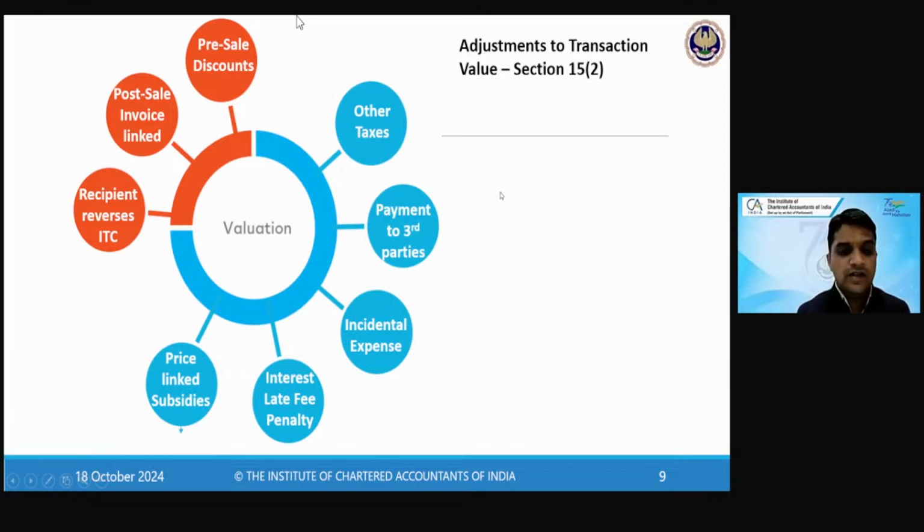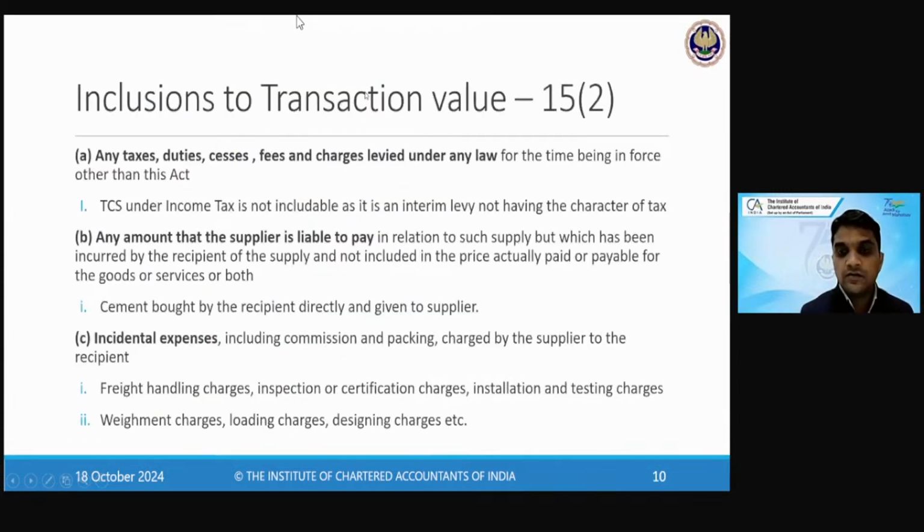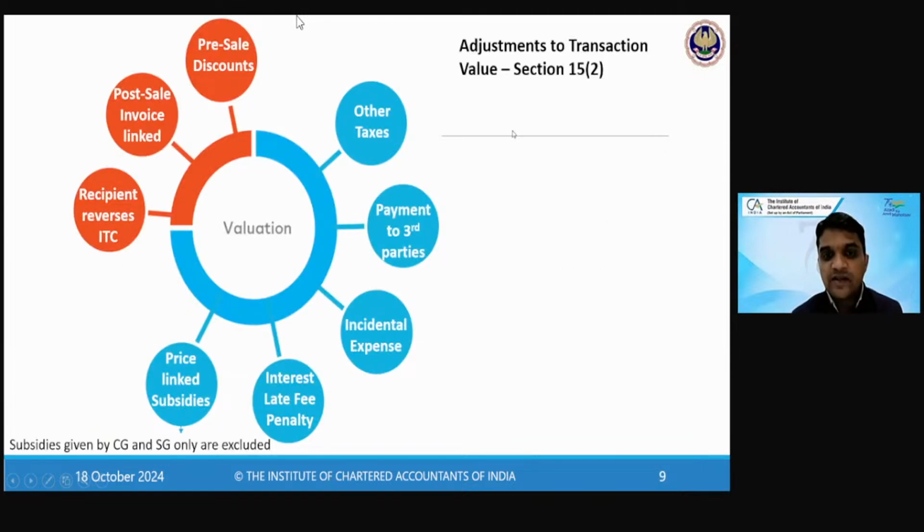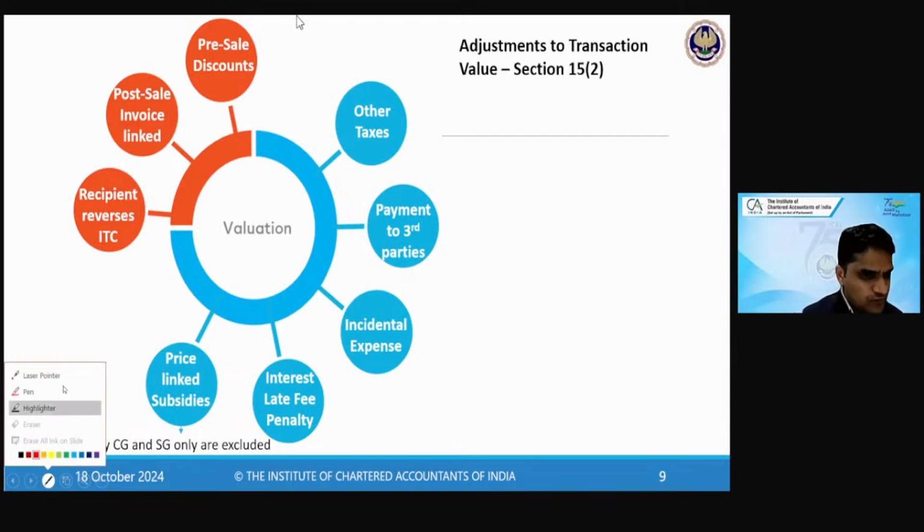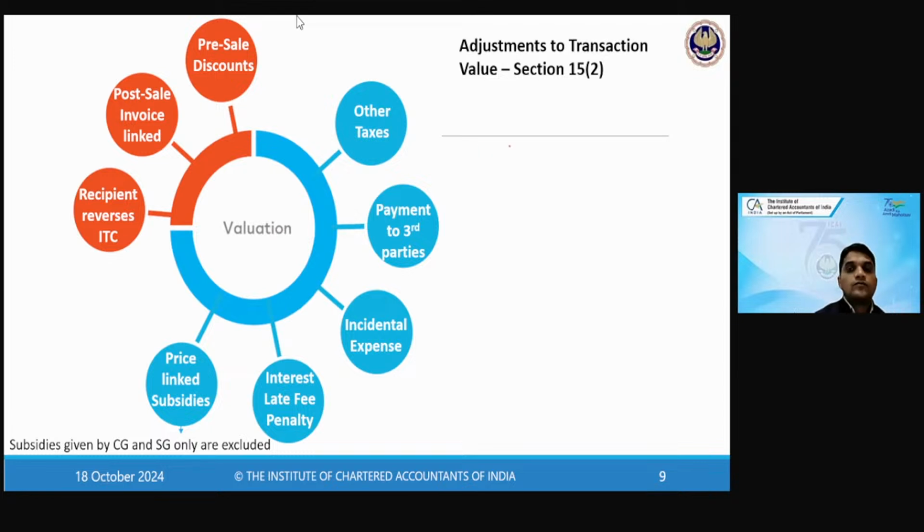So let us take an example over here. Now I have agreed with you. Receiver receives the ITC as well. I have sold goods to you worth rupees 100. Or let me show a Word document, that will be better.